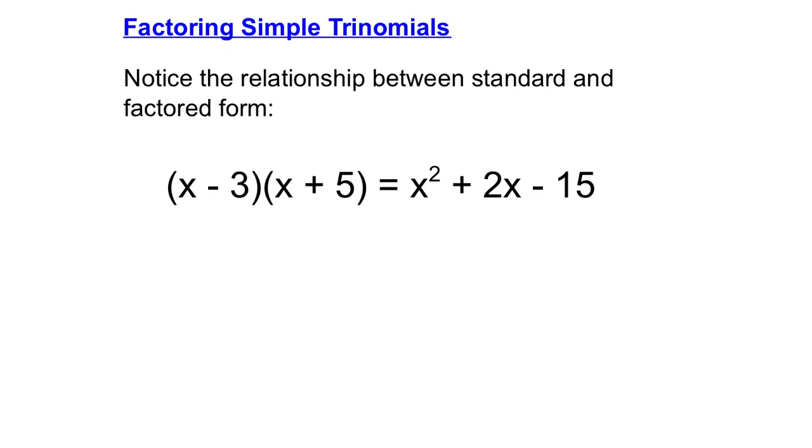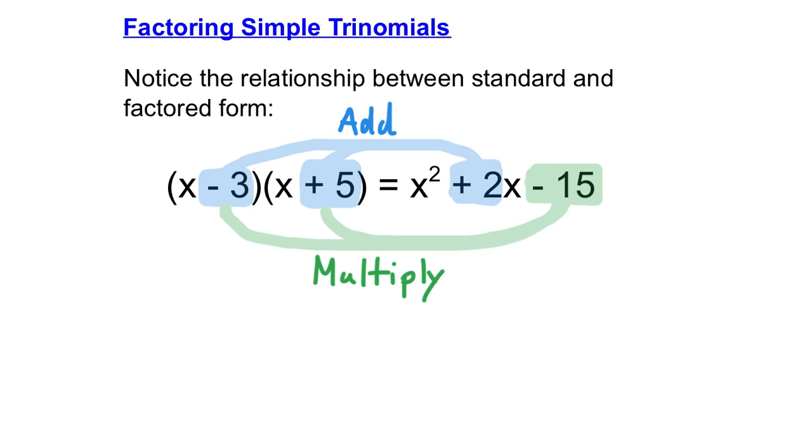So in order to factor these simple trinomials, we need to understand what the relationship is between the factored form and the standard form. If we expand and simplify factored form, we end up with standard form. If we factor standard form, we will end up with factored form. So what I want you to notice is this. The numbers in the brackets in factored form add together to get the coefficient on the middle term in standard form. -3 plus 5 is positive 2.